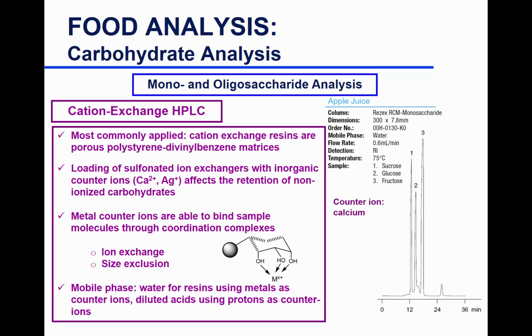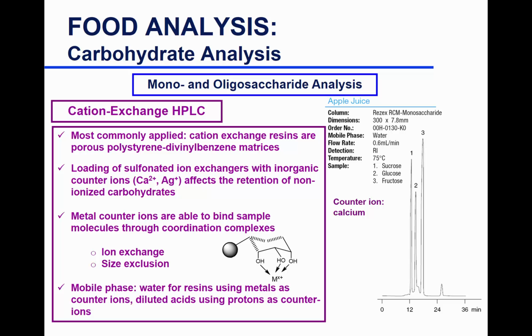What happens is your counter ion will react with the OH groups of your carbohydrate, and once they interact via coordination complexes, as we call them, this will interact with the negatively charged stationary phase, and that's how you get the separation.